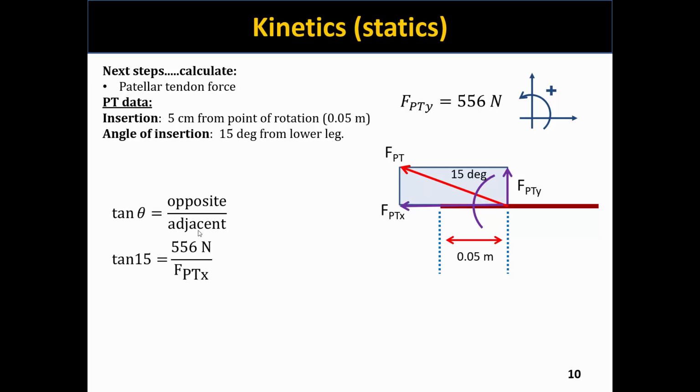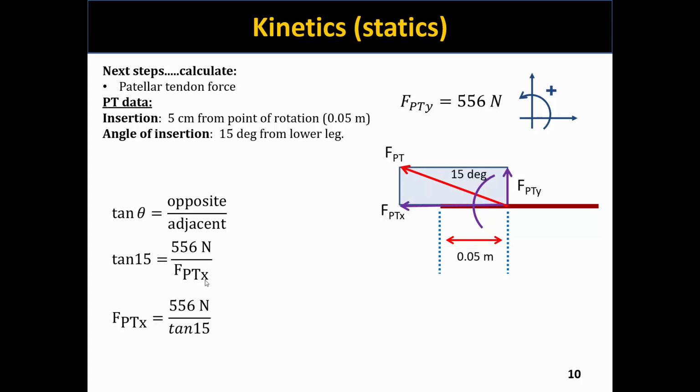And so to put this in context to our situation, the angle in question here is 15 degrees from the horizontal of the patellar tendon force, and that's going to be equal to the length of the opposite side. That's the y component, which we had calculated to be 556 newtons, divided by the adjacent length, which is the x component, which is what we don't know. That's what we want to calculate.